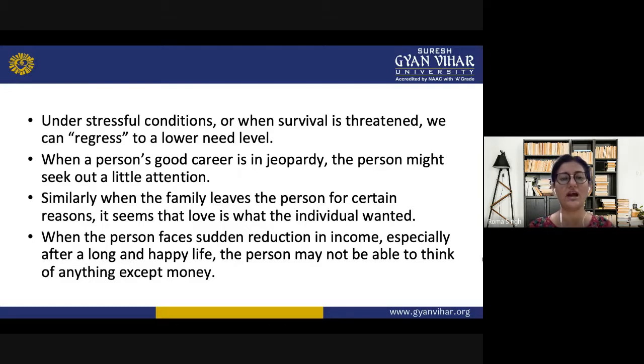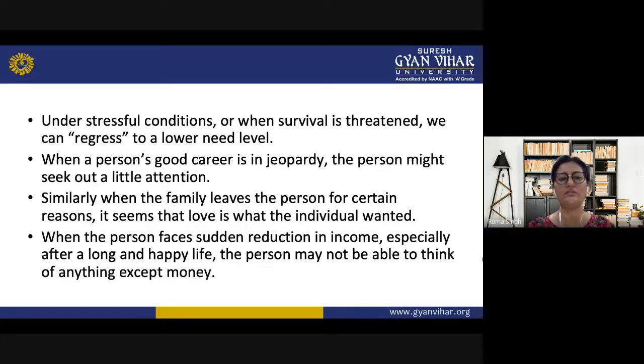This is how our family works for us, because we know family will never leave us. This is the basic security which is surrounding us like a blanket. So if the family is leaving us, we are going to regress automatically to the lower level need. First of all, we need to secure that love and affection.